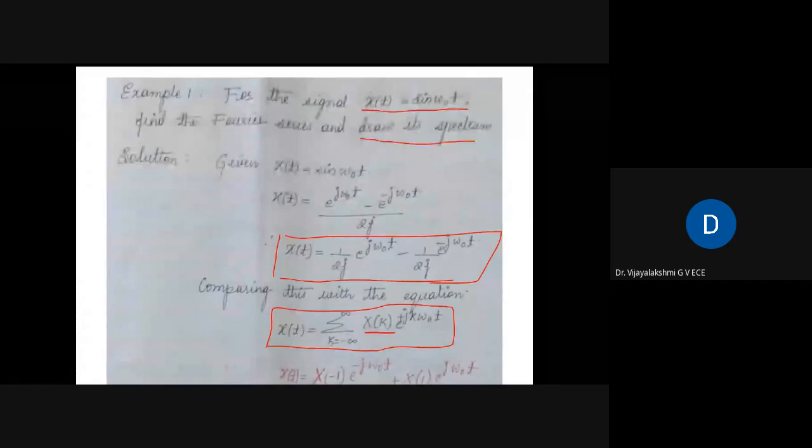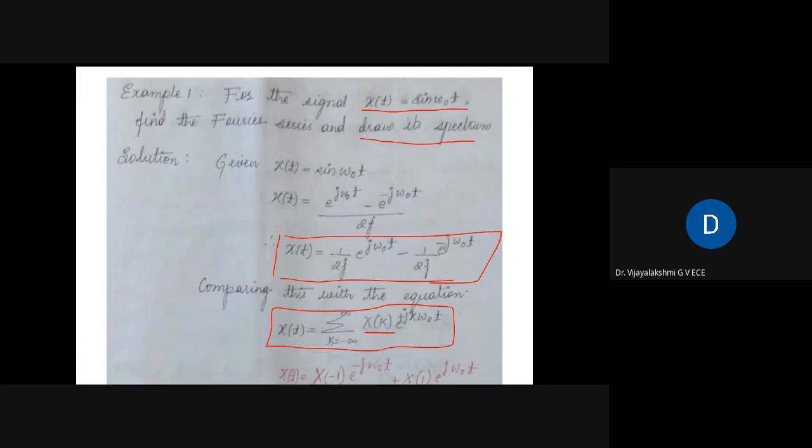When I expand this on the positive side, starting from k equal to 0, it becomes x of 0 plus x of 1 into e raised to j omega naught t plus x of 2 into e raised to j 2 omega naught t, and so on. The exponential term varies as you change the value of k.